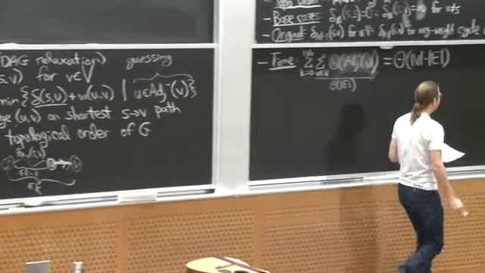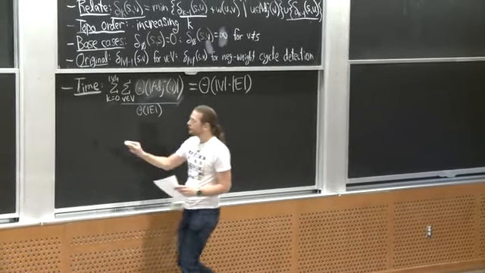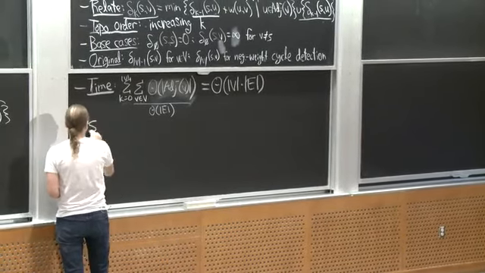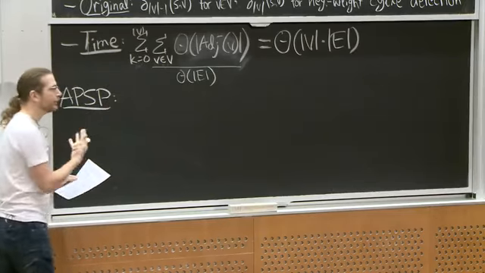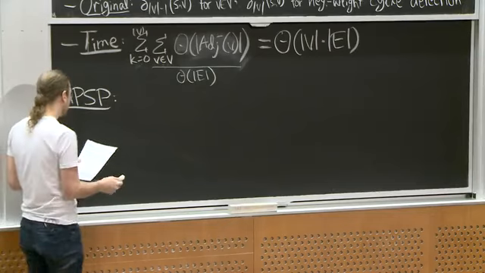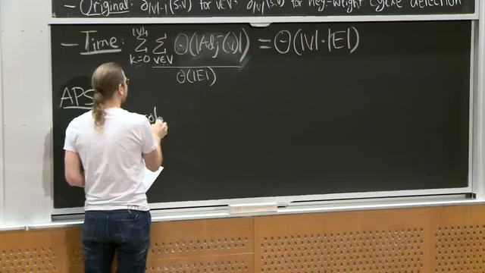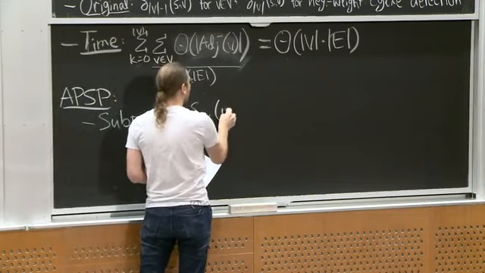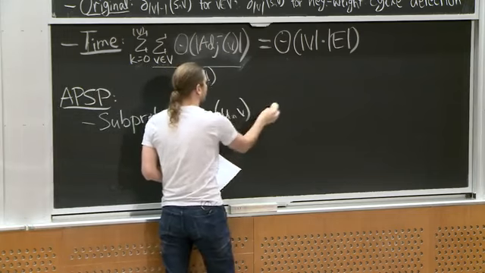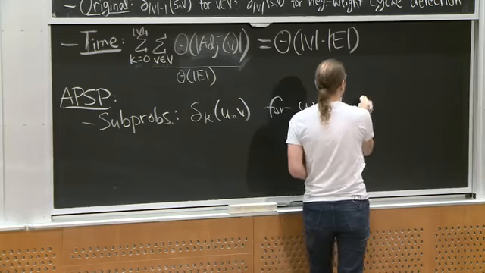another example, which is our friend, maybe I'll write here, all pairs shortest paths. A few lectures ago, we saw Johnson's algorithm, which solves this very well. So one option we could use is just this same set of subproblems, but for all u and v. For u and v, that's what we really care about.